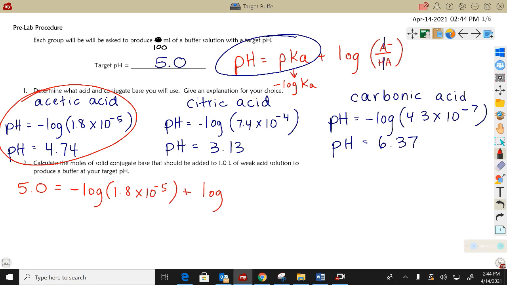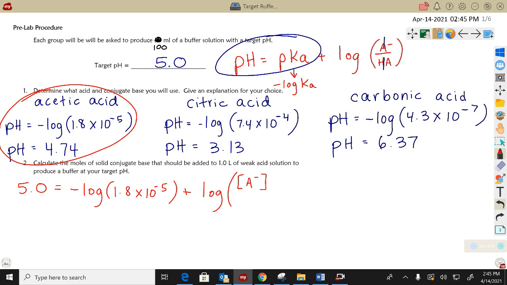Now, I don't know how much of this solid conjugate base I should use. So for this ratio, on the top, it's going to be the concentration, or molarity, of that A minus. We'll just call it A minus. It's going to be the acetate ion in our example.